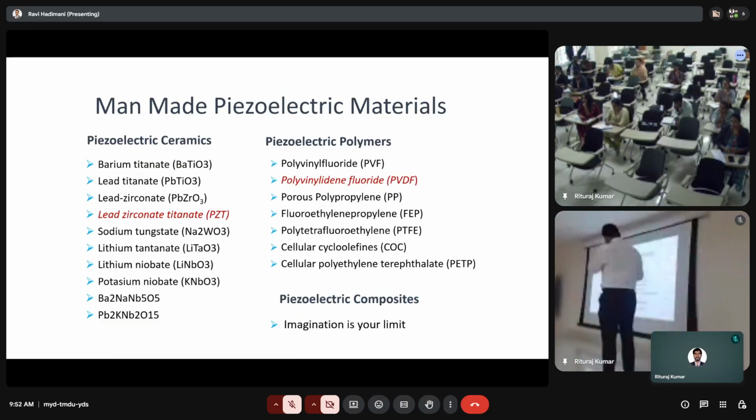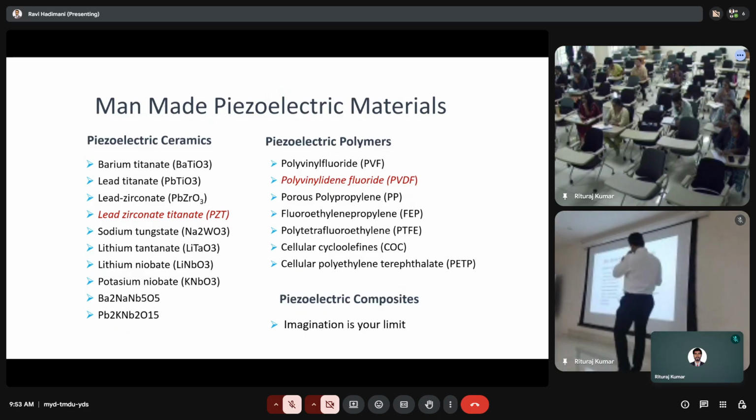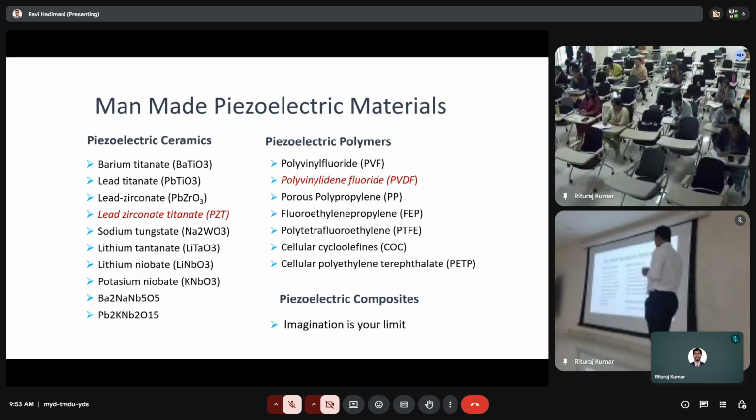So there is polyvinyl fluoride and then polyvinylidene fluoride, PVDF. The difference is just the molecular structure in the chain. And then PP, polypropylene, is another very cheap polymer.